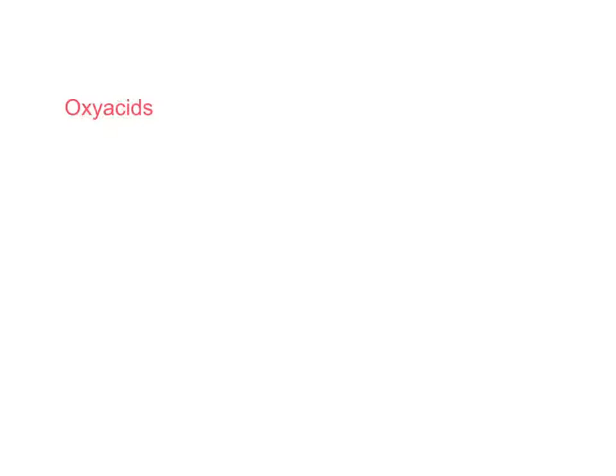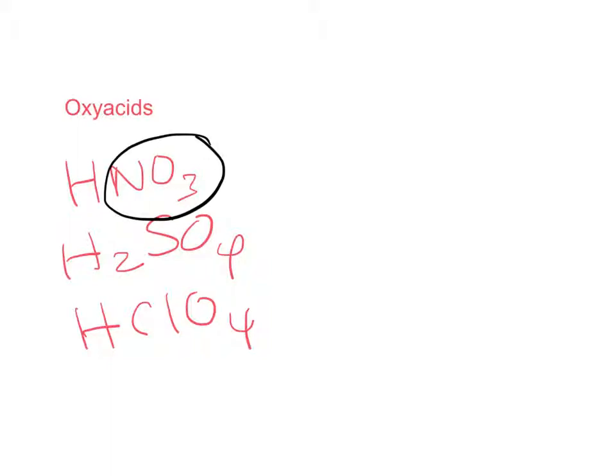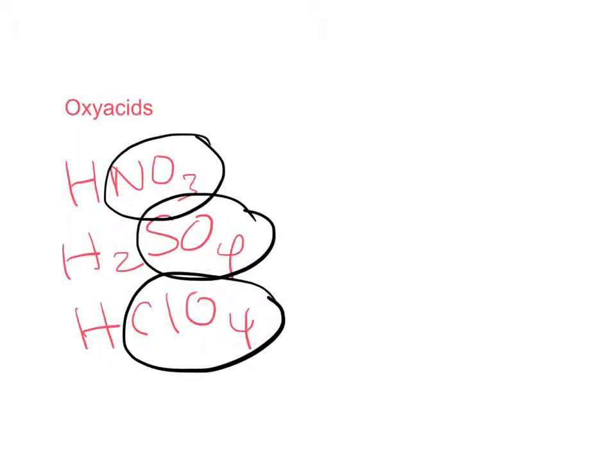So just a couple of quick examples: HNO3, H2SO4, HClO4. So these are all examples of oxyacids. So the key to naming these is knowing the name of the anion. Okay, and so I'll show you a table that explains how to do that.